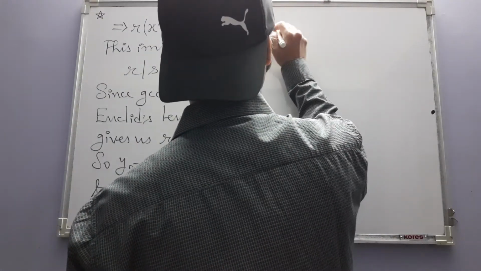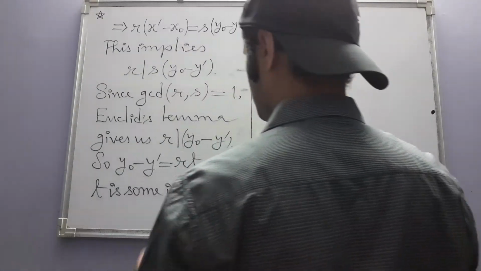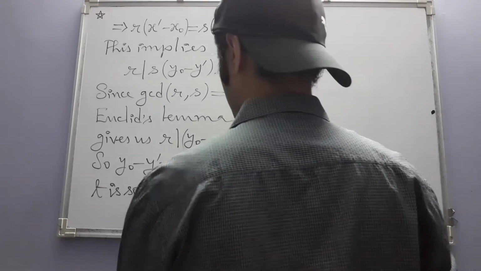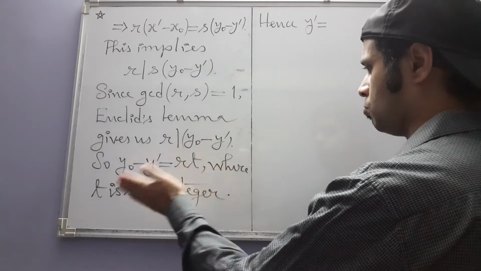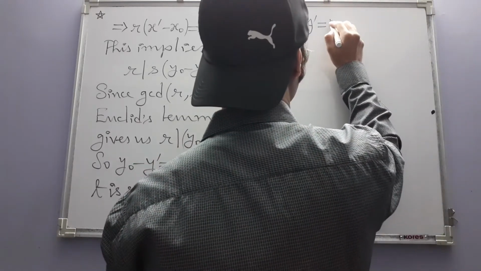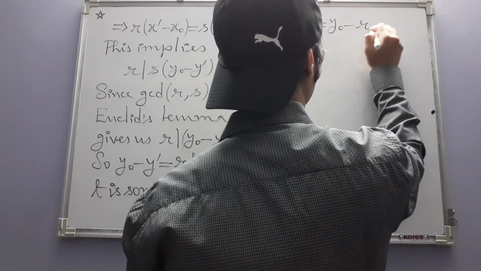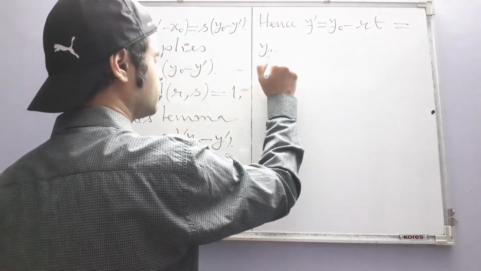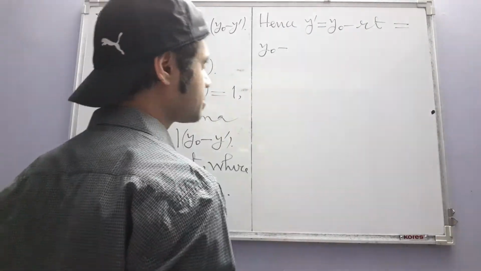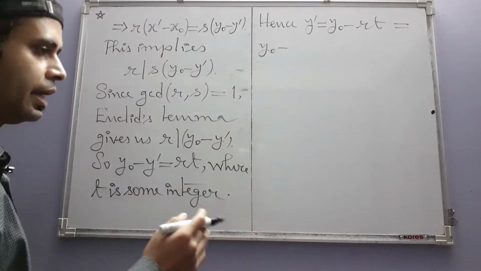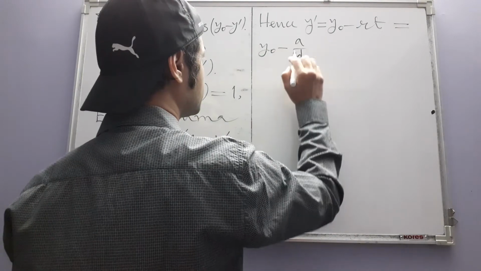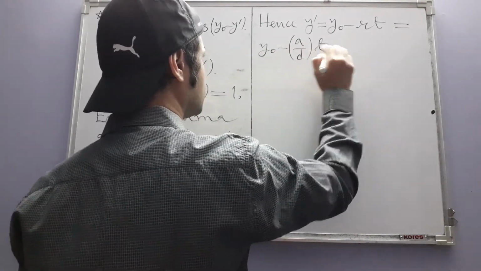Hence y prime is y naught minus rt, which is equal to y naught minus (a divided by d) times t.